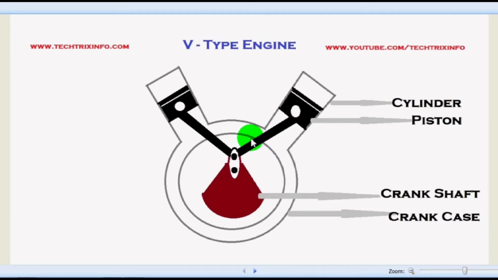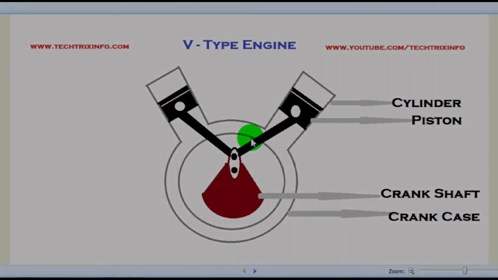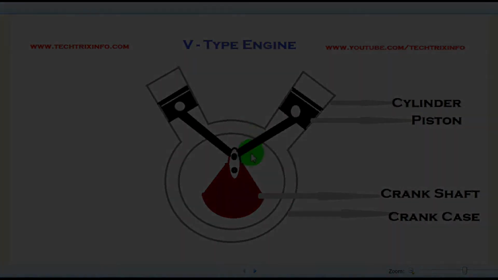Also the cost of manufacturing is high, and the balancing is more difficult in V-type engines. That's why these engines are not employed in automobiles. So I believe you got a brief idea about the construction and the factors of a V-type engine.